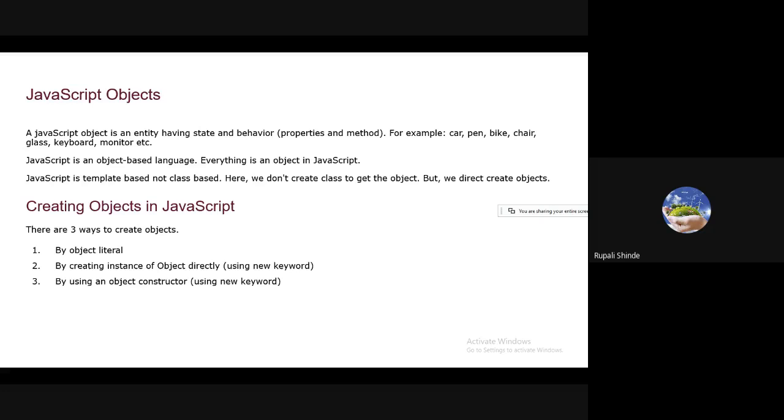A JavaScript object is an entity having state and behavior. As I have told, state is nothing but the values, and behavior is nothing but the methods. For example, car, pen, bike, chair, glass, keyboard, monitor, etc. JavaScript is an object-based language. Everything is an object in JavaScript.